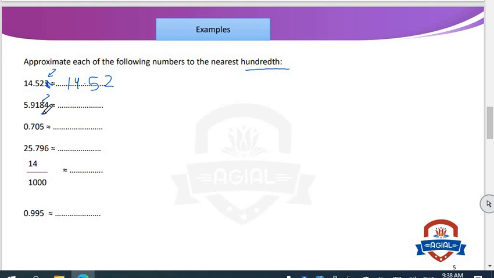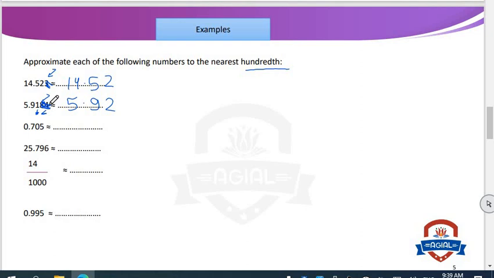I am strong number. So we increase number in hundredths by 1. So 1 in here become what? Super, become 2. So the result will be 5.92. And remove these digits and all the other digits to the right.